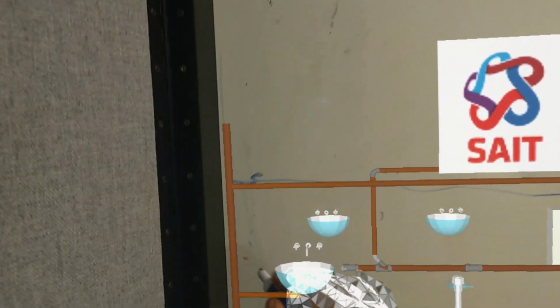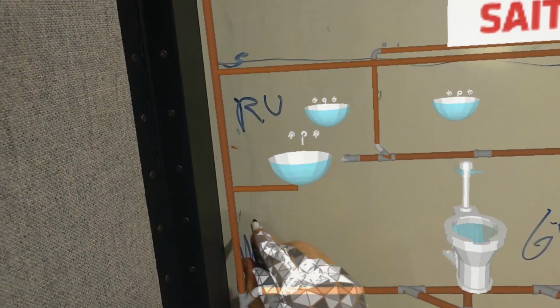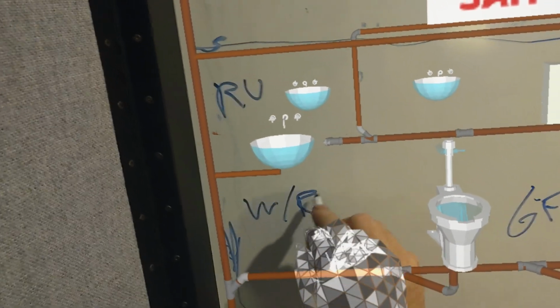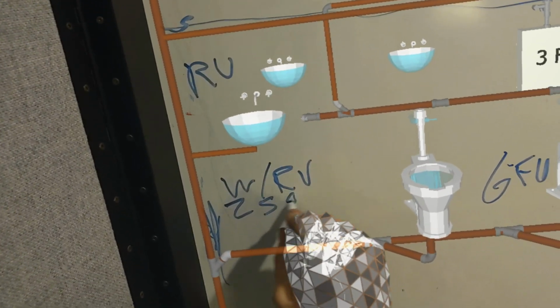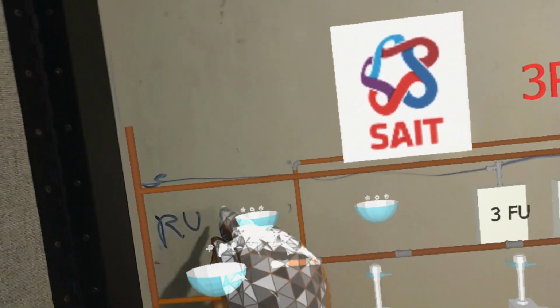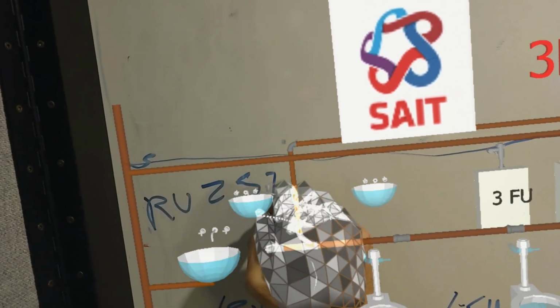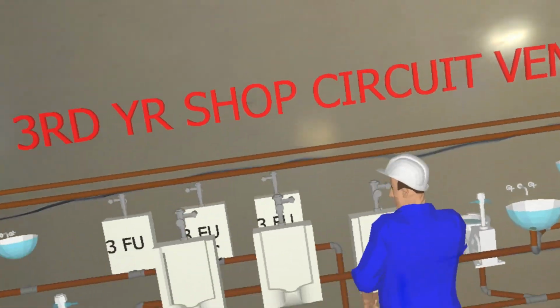So what do we call this? We call this the relief vent right here, and this would be the wet portion of the relief vent. You'd size this by table 2581, the wet vent table, and above here you'd size this by 2573, one size smaller than this portion over here.